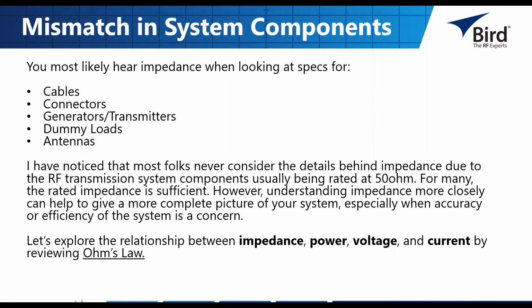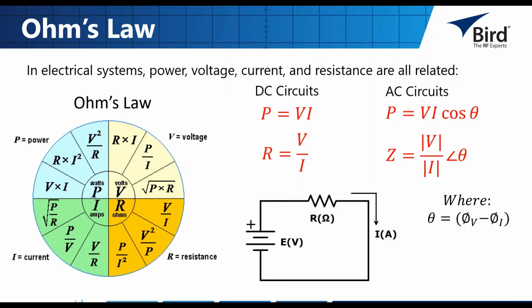In order to start our exploration of impedance, let's take a quick look at Ohm's law. Ohm's law describes the relationship between power, voltage, current, and resistance, and impedance is really the AC term for resistance.